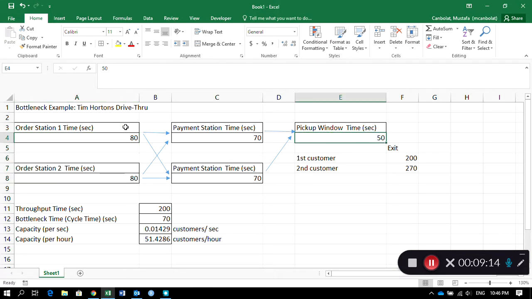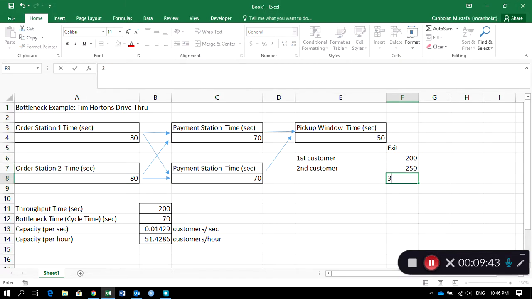If I consider this, 80 divided by 2 stations here is 40, this is 35, and this is 50. That means if I have 2 payment stations, the first customer will be out in 200 seconds. Every customer is going to take 200 seconds, but the second customer will be out at the 250th second.